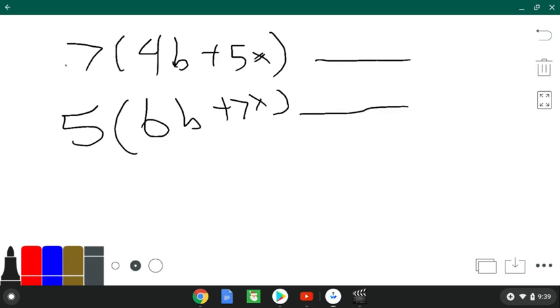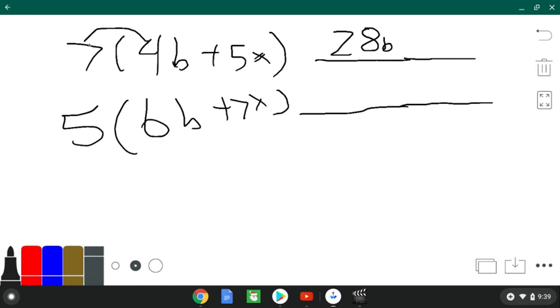So what you want to do is 7 times 4b, you cannot forget about the b. 7 times 4b equals 28b, right? That's how many b's there are now. Let me make the line a little longer because we're doing expressions.